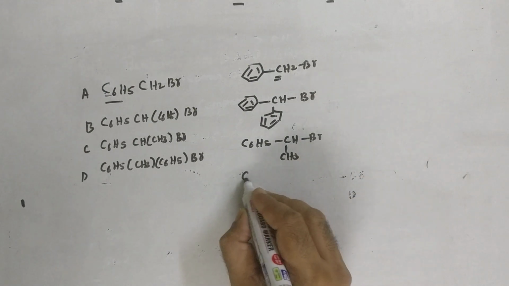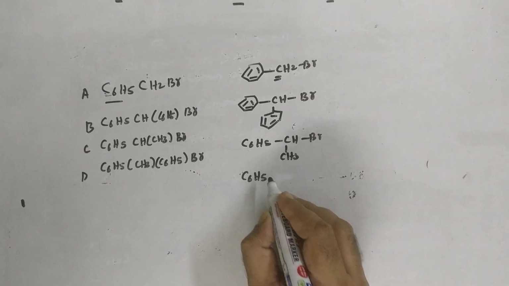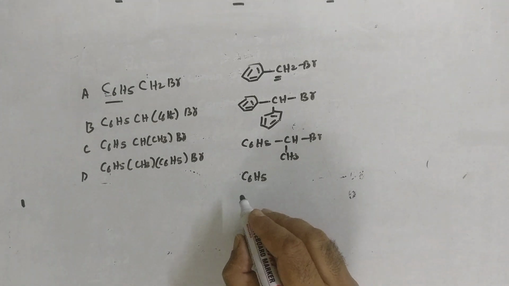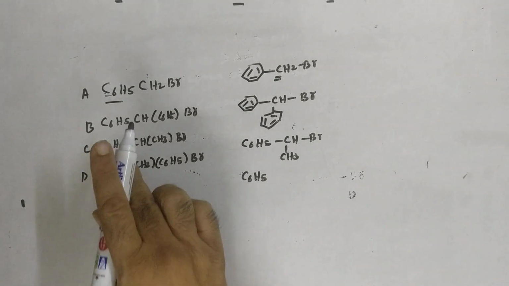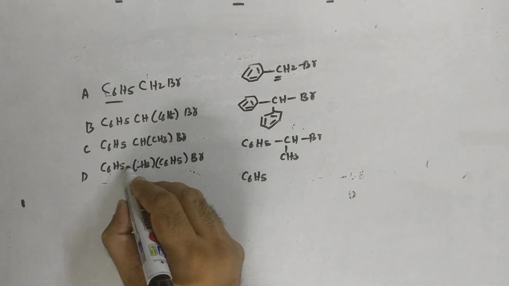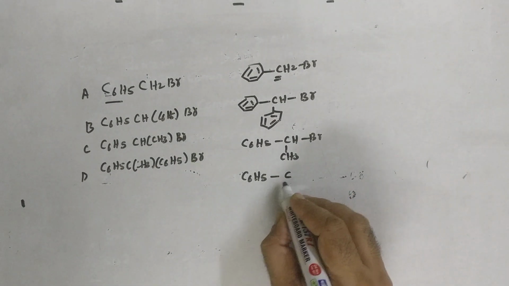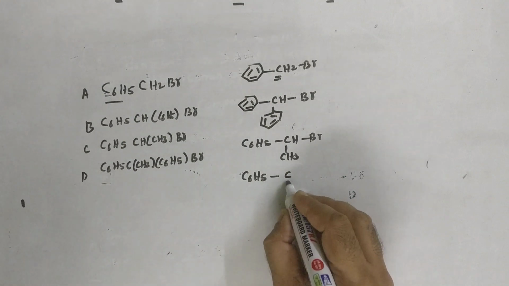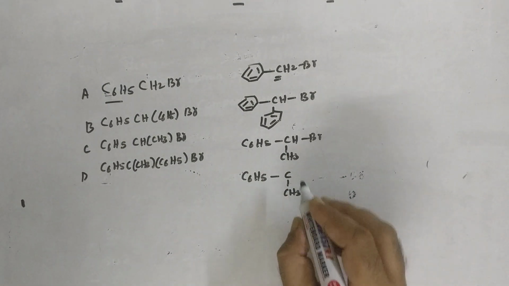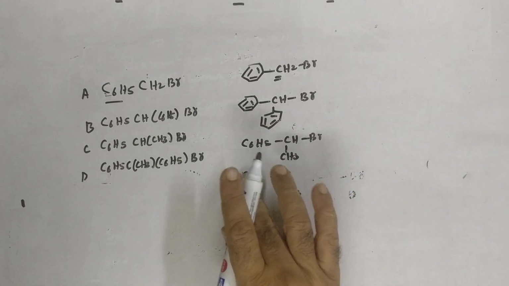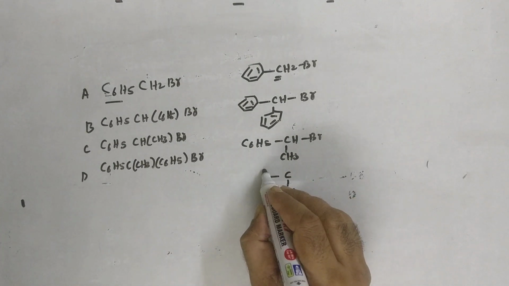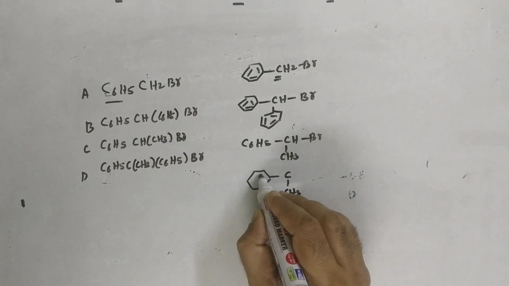Last one is C6H5. There should be a C over here, CH3, this is C. So this should be C, then this is CH3, another benzene ring. Let me draw the benzene ring so that it becomes more diagrammatic.